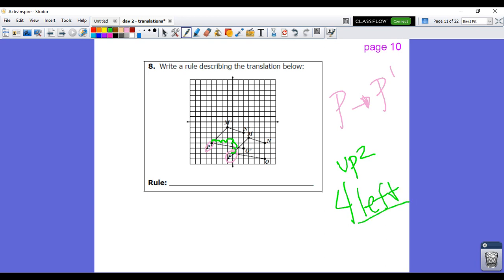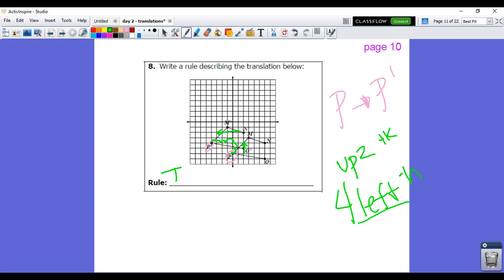So this is a little bit different. So again, up is my K value. This is going to be a positive K value because I'm moving up. But in this instance, my left is going to be an H value. It's going to be a negative H value because I'm moving in that negative direction. So my rule is going to look like this.